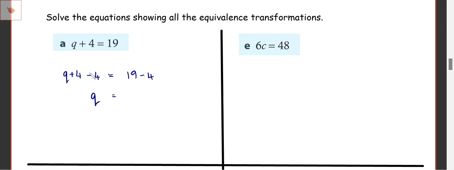So that is equivalent to what's above it. What's equivalent to 19 minus 4? 15. And now look, I'm at a stage of going, oh, well, now I know what Q is. Yeah? So that's me writing equivalence transformations.